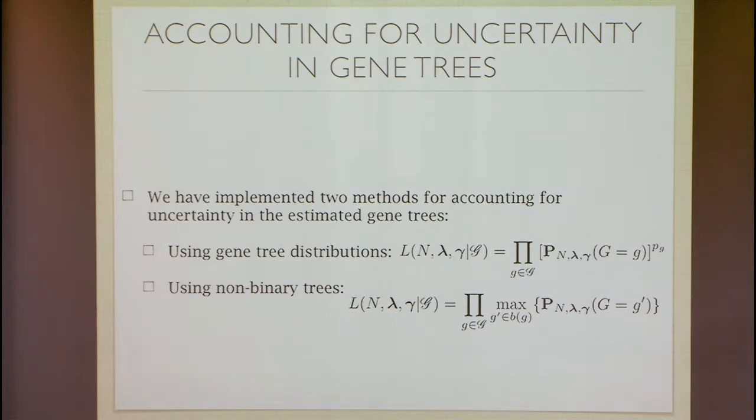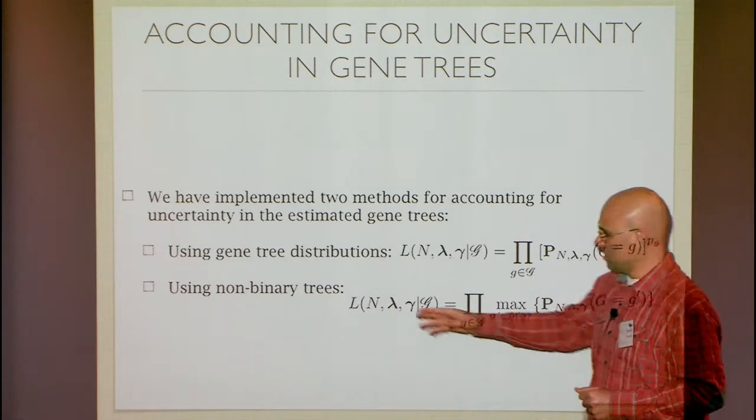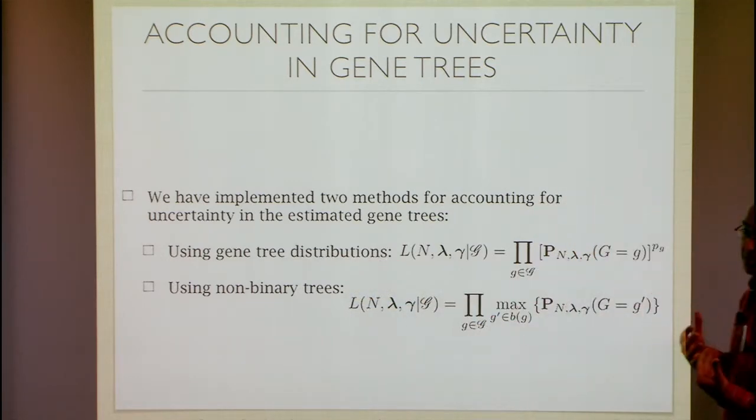And again, in the morning, we heard about the issue of error in the gene trees, and that gene trees are not necessarily estimated correctly. We have two heuristics to deal with these things, so in our implementation we don't assume that gene trees are binary or that the gene trees are correct. You can use gene trees that you have, for example, obtained from MrBayes and use the posterior to weight these gene tree topologies.